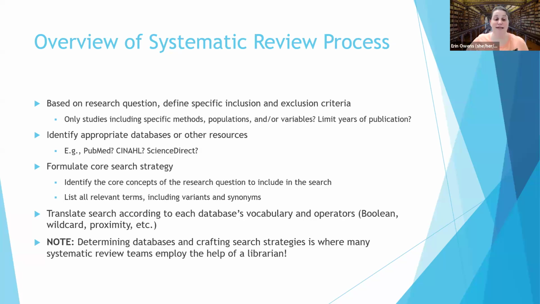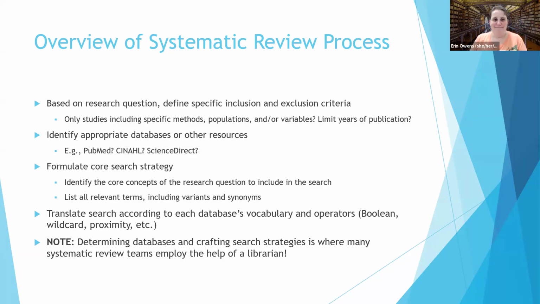We identify the appropriate databases where we're going to search for literature. PubMed is one of the standard databases in health research, but other databases are going to be more appropriate in other fields. The key is you always want to search in more than one database for something to really be a systematic review.